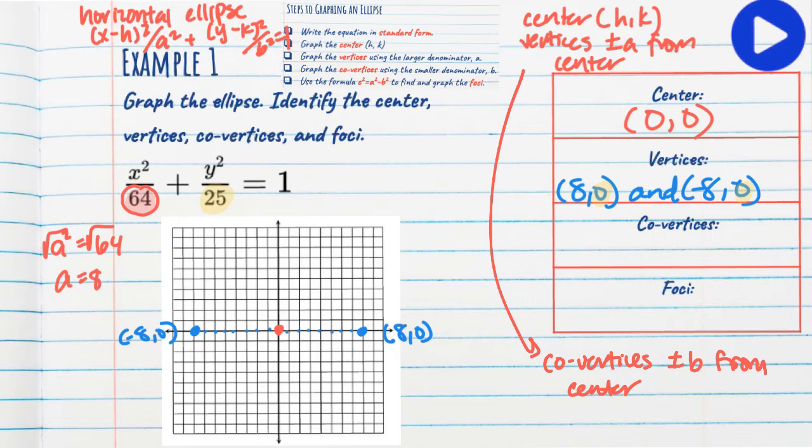So notice that b squared is actually 25, if you notice from your formula. And in order to find b, we square root both sides to get 5. So the co-vertices are going to be 5 up and 5 down. So this point is (0, 5), and the other point is (0, negative 5).